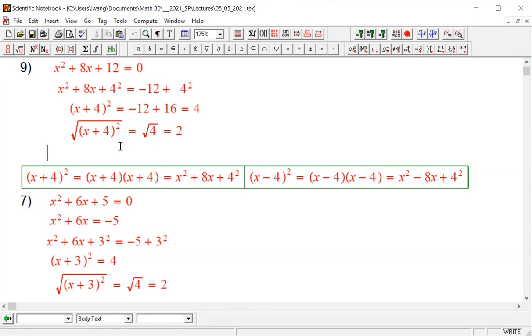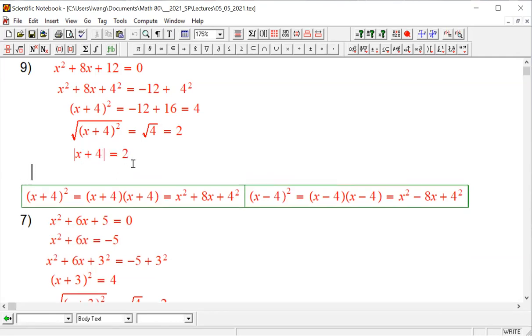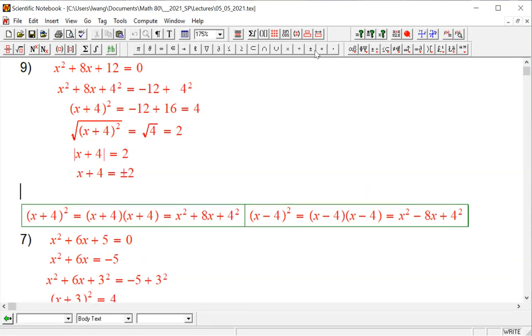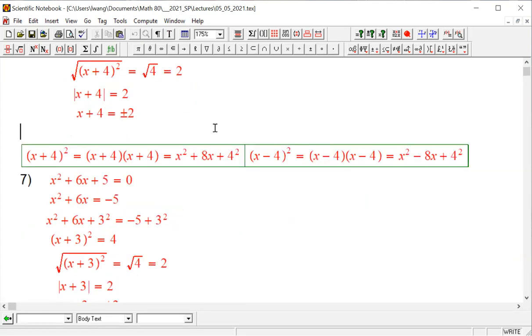Then we have the absolute value of x plus 4 equals 2. And then we got x plus 4 equals plus or minus 2. Okay, and then what?